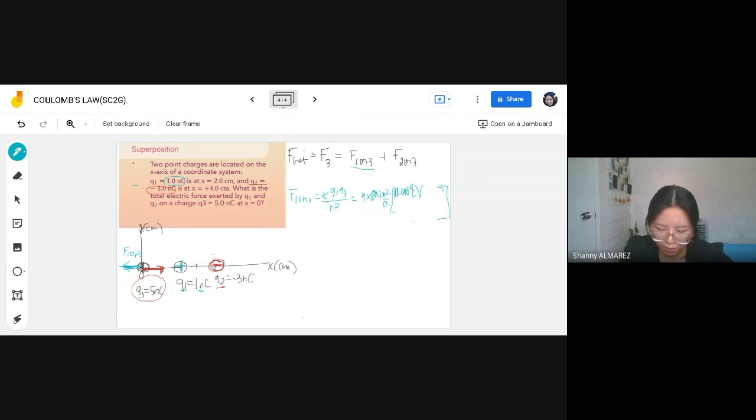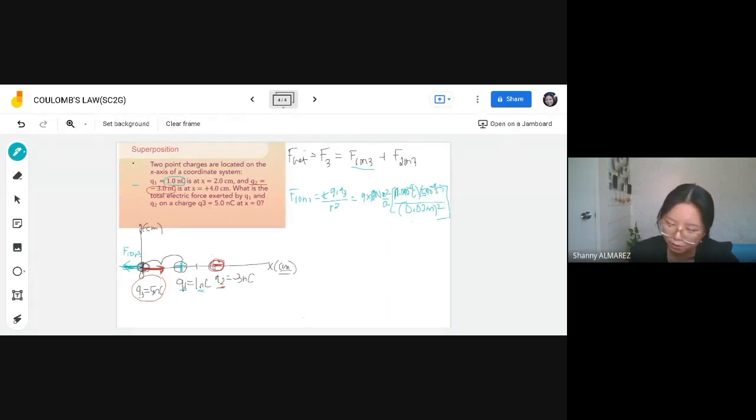So 5 times 10 raised to negative 9 Coulomb. All over, ilan ngayon yung distance nila? Since sabi natin na in centimeter ito, tapos based on the situation, meron kang 2 centimeters. So 2 centimeters have to be converted to the standard unit. So dapat, tama, 0.02 meters. Ito ngayon yung gagamitin mo as denominator.